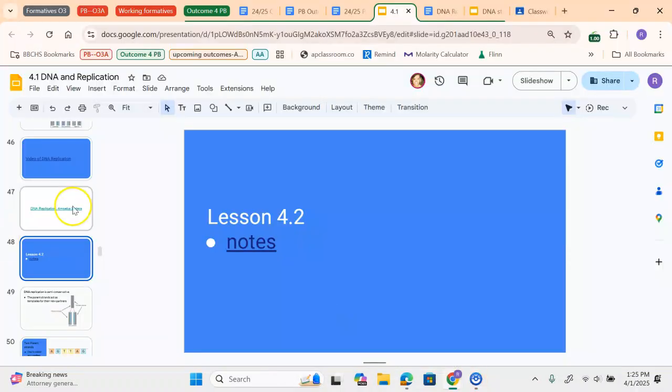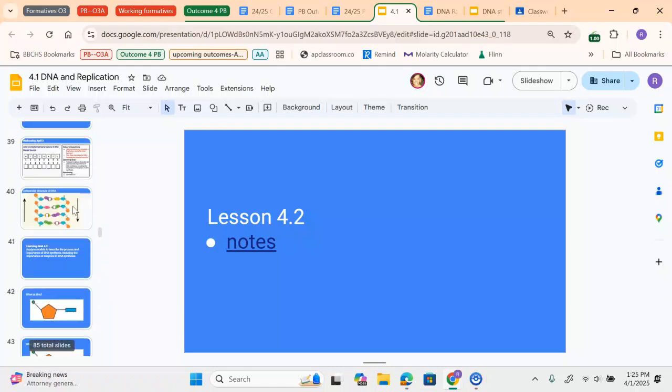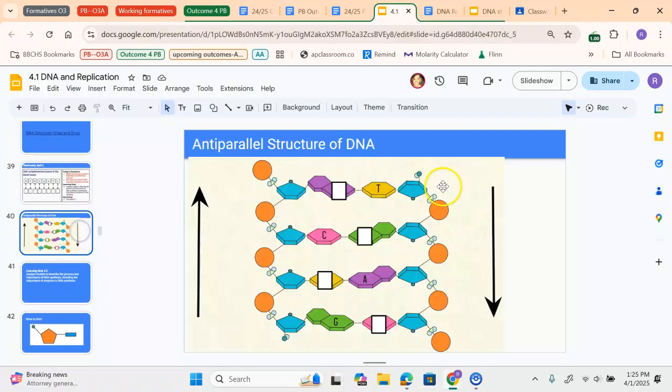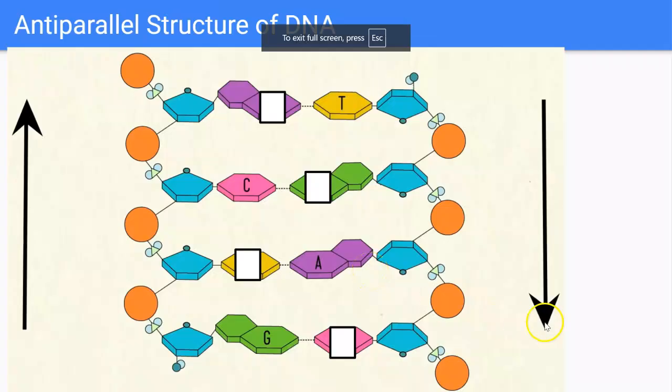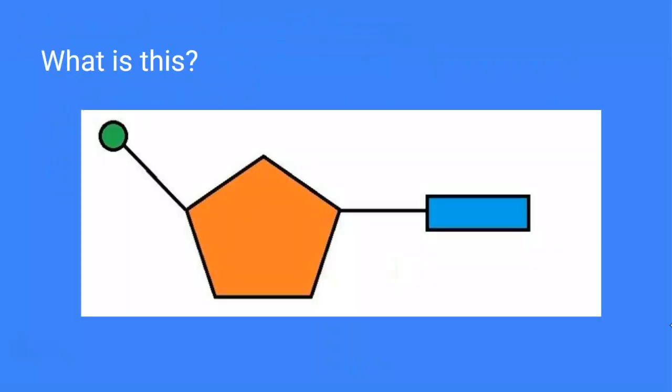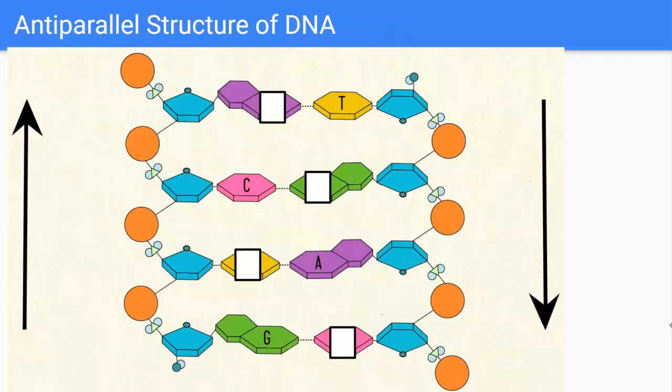Okay, so if we go in here and we look at our DNA, let's look at this one. Here we can see we have the phosphate, which is the orange circle. We have the sugar, which is this blue, and then we have our nitrogen base. And you can see that they get connected together.